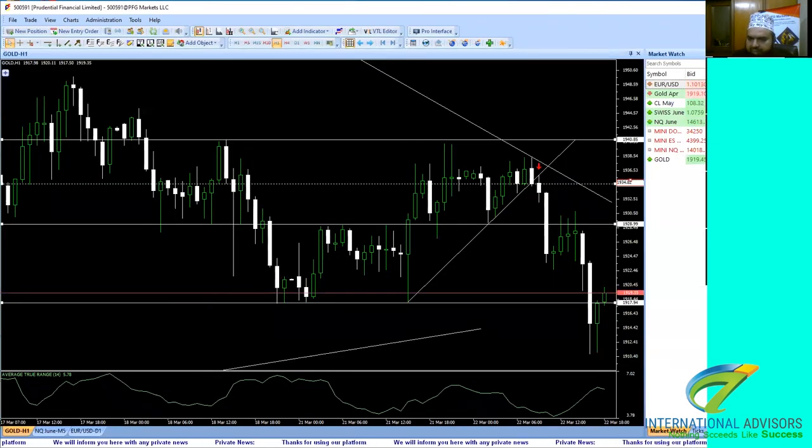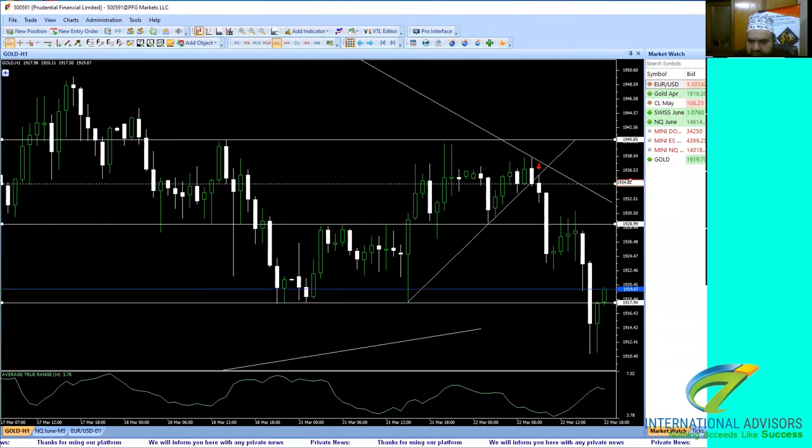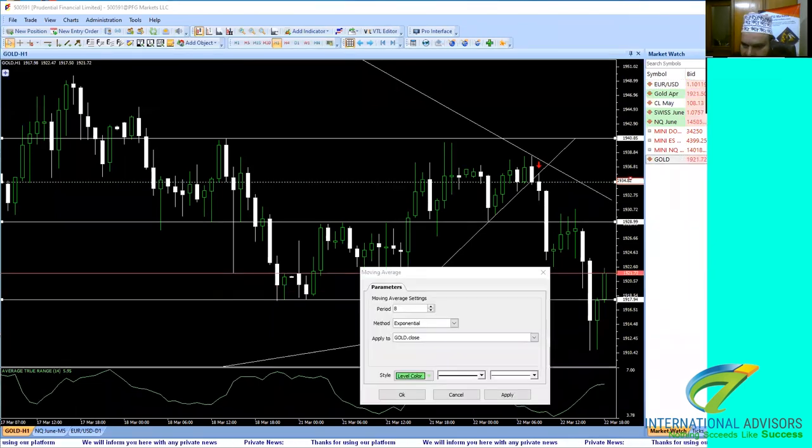So 0.17 positions, 0.17. You will place a buying limit, for example.